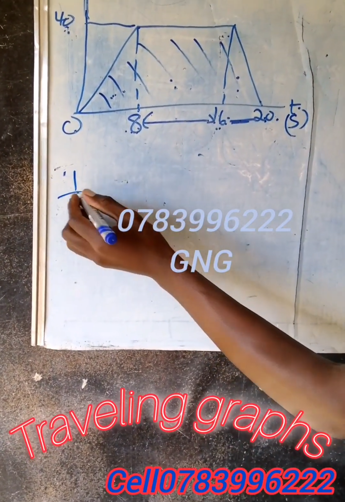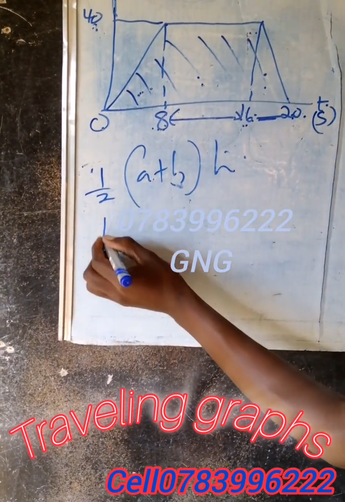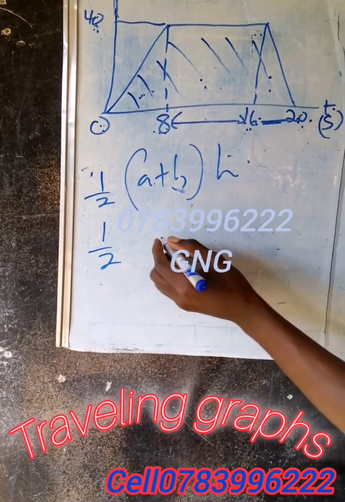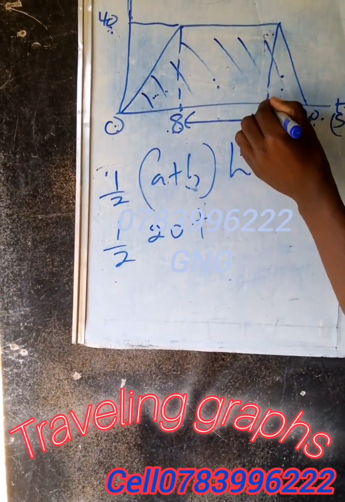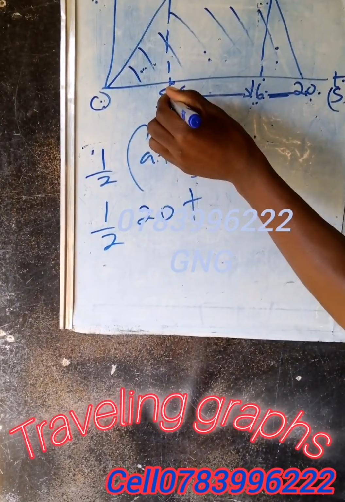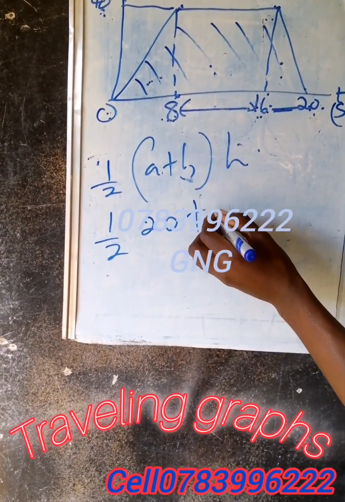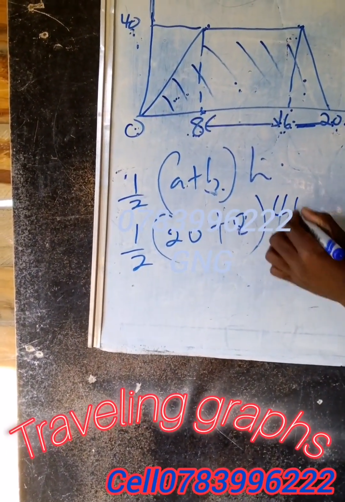The area of a trapezium is equal to half (a plus b) times h, which is half, a I may take from 0 to 20, which is 20, plus b. The distance between these two parallel lines, from 8 to 16, is the same, so plus 8, then times our height, which is 40.